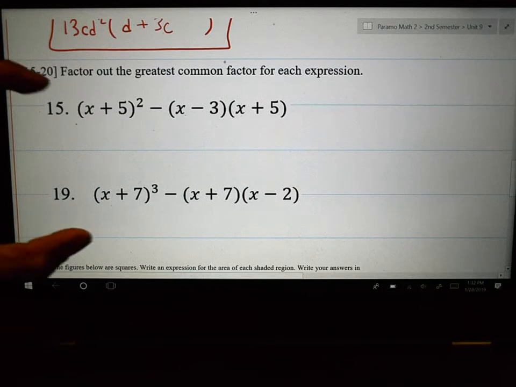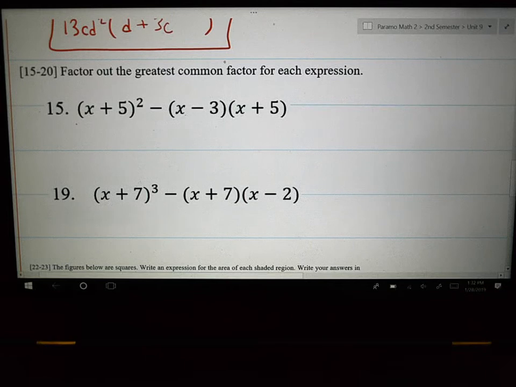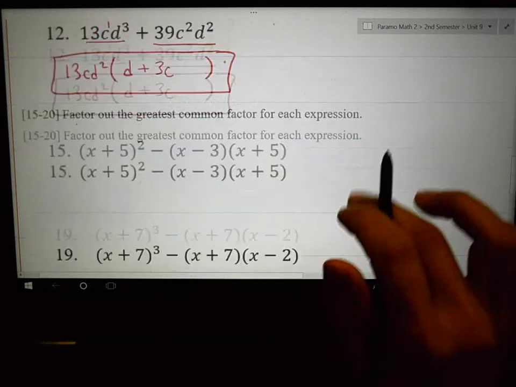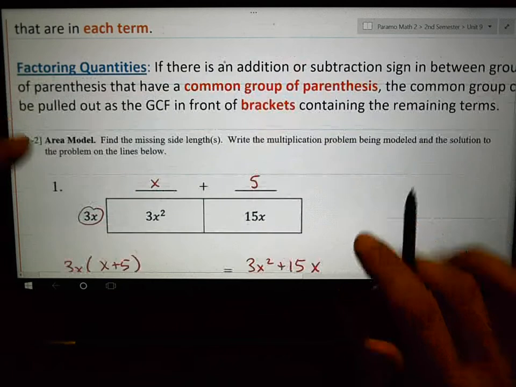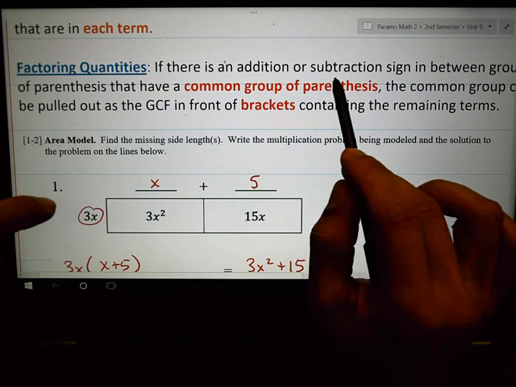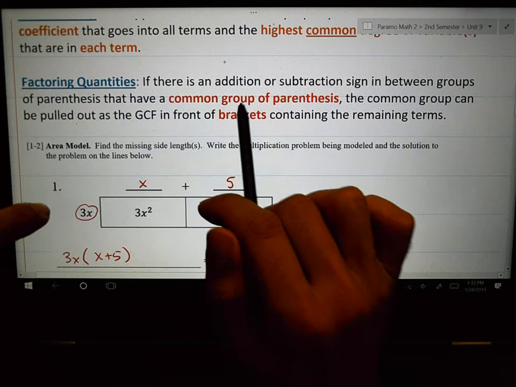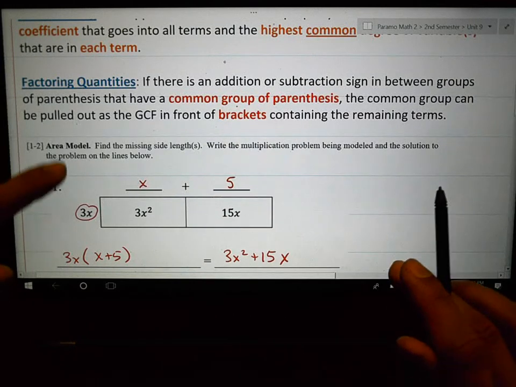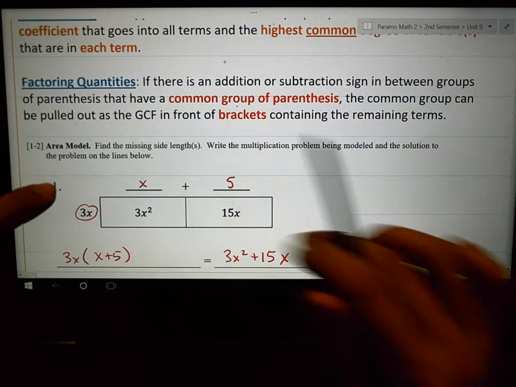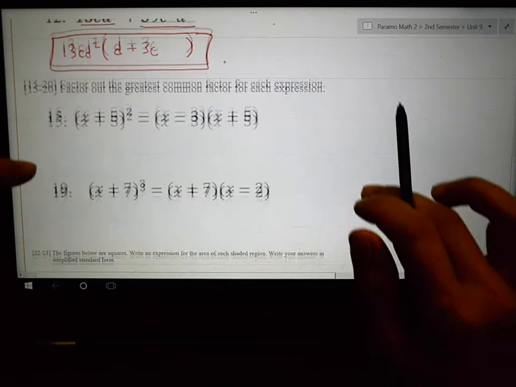These 2 examples, 15 and 19, are the examples for the directions that we have under factoring quantities. In quantities, what we wrote down was this. If there's an addition or subtraction sign between groups of parentheses that have a common group of parentheses, the common group can be pulled out as a GCF in front of brackets.